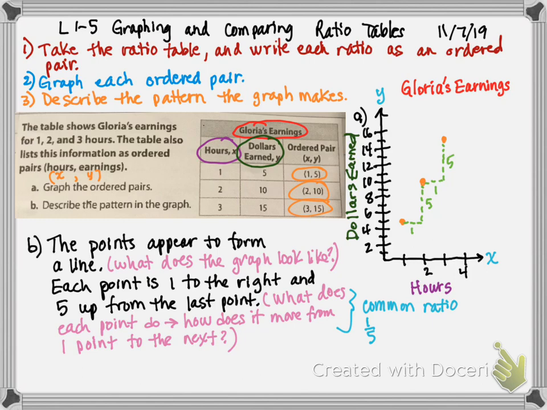What does that 1 to the right, 5 up mean? So that's when we include now the labels that we see in our graph. This means Gloria earns $5 for every hour she works.